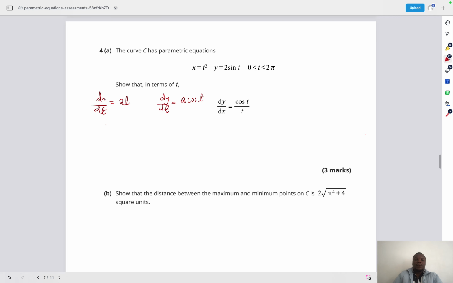Okay, now we must know that to get dy/dx, we need to have dy/dt times dt/dx.